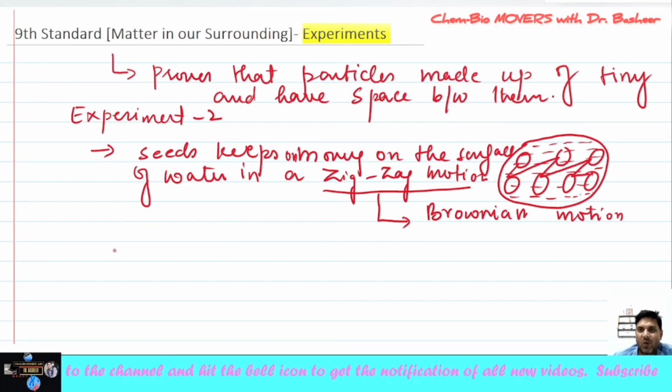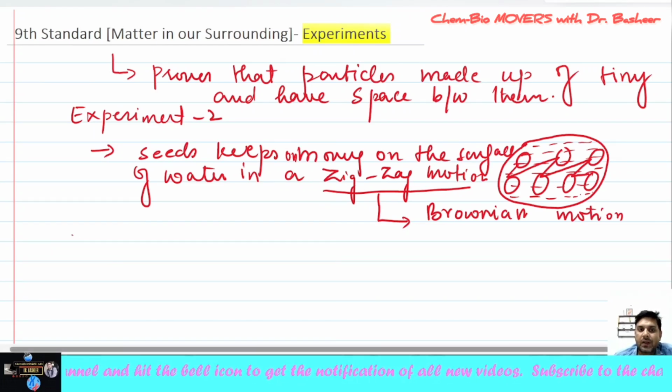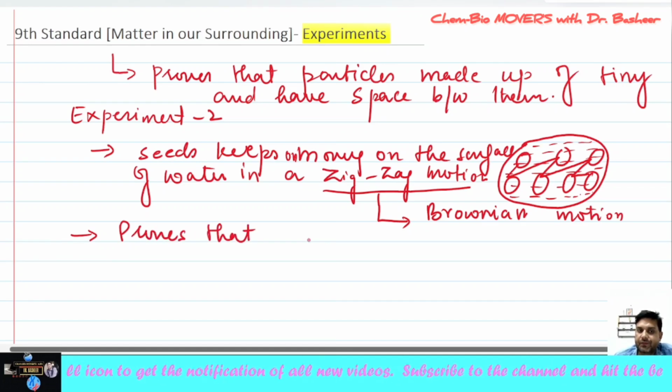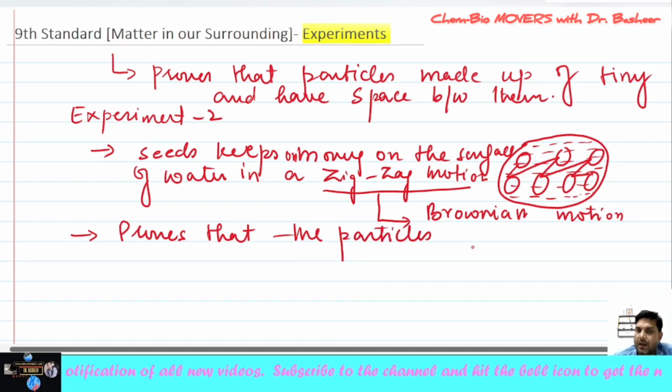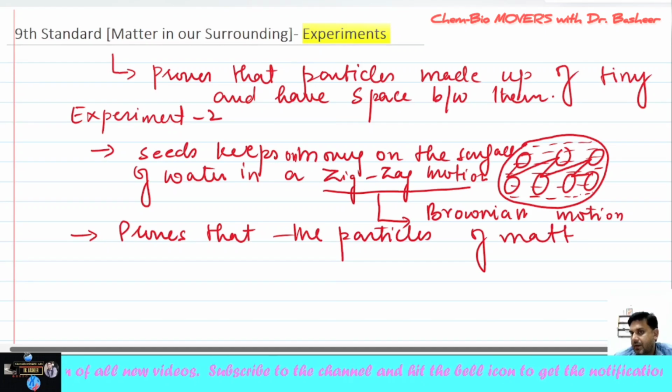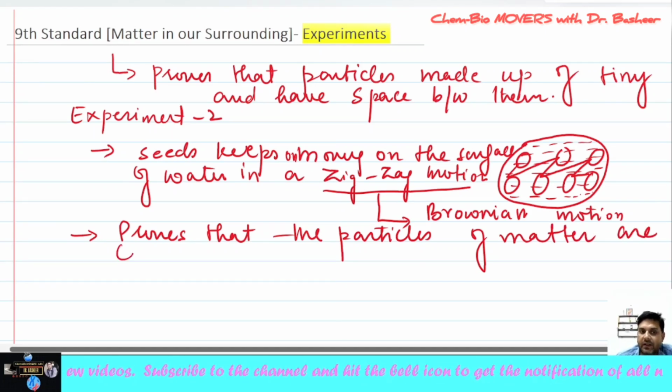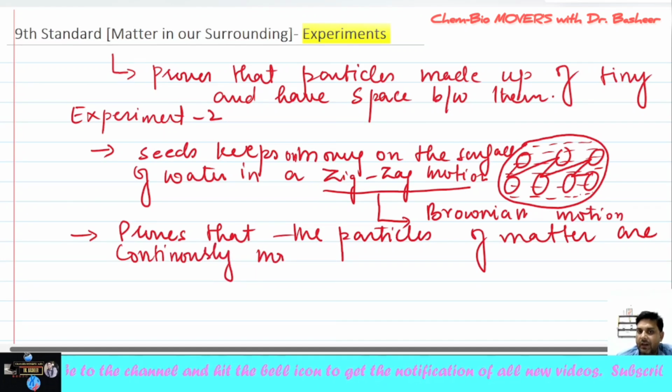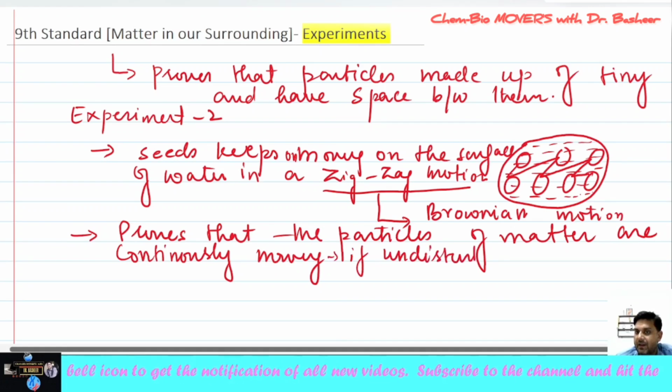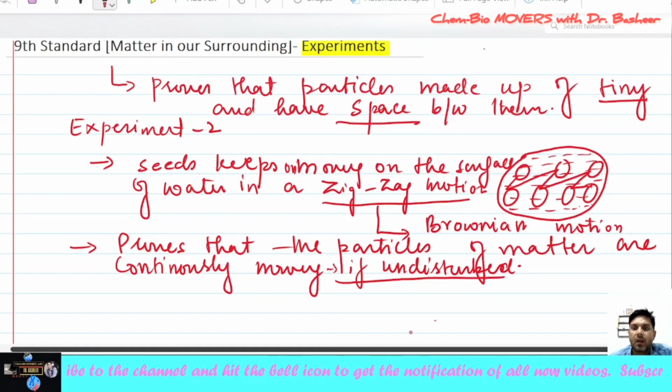So what does that mean? What does this experiment prove? This experiment proves that the particles of matter are continuously moving, if the condition is undisturbed. Why did I say if undisturbed?